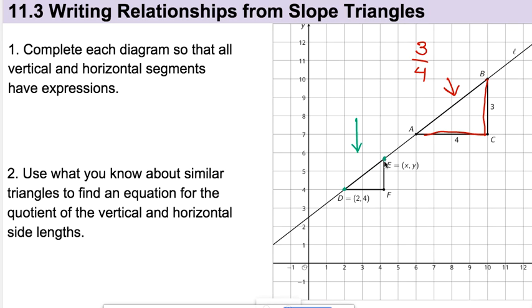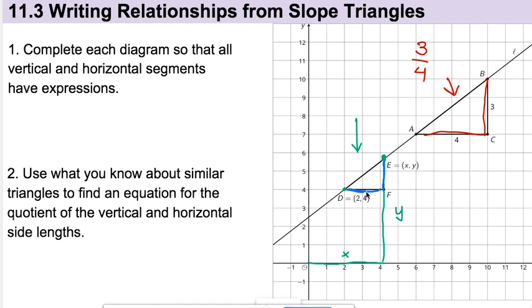So that means for E, I had to go over X units and I had to go up Y units to get to this point. So I'm going to use that information to help me find my horizontal distance and my vertical distance.